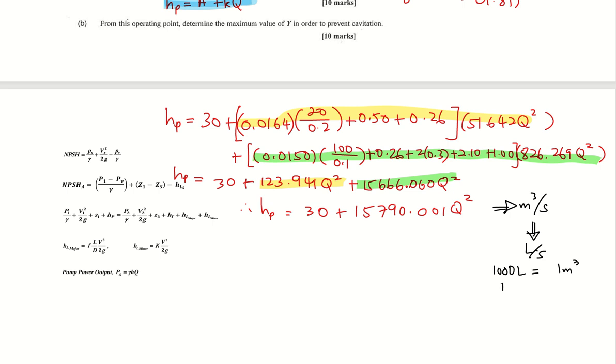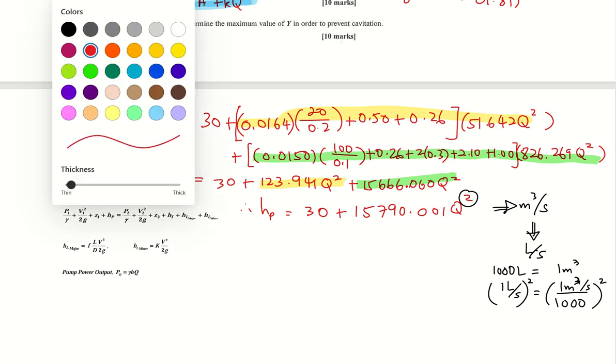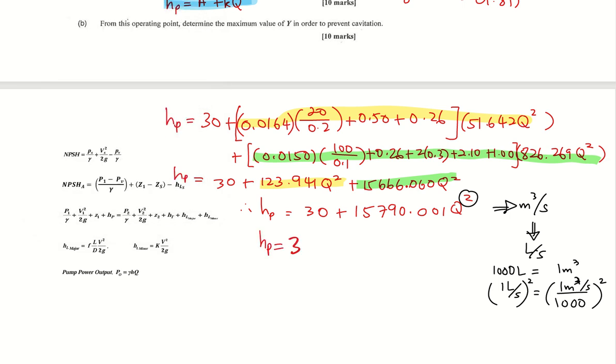So if you want 1 liter per second, you just basically have to divide by 1000. But since your Q here is squared, you have to square all with 2. Therefore, I write it here, HP equals to 30 plus 15790.001 Q squared.